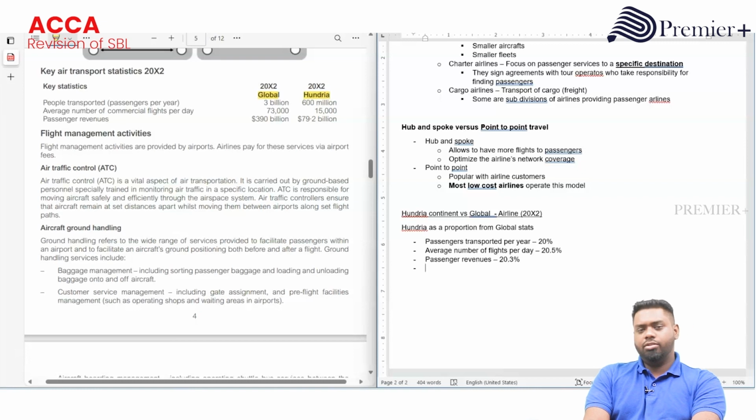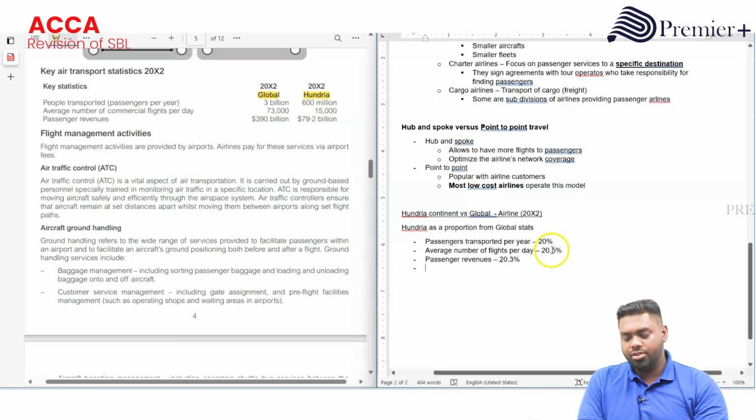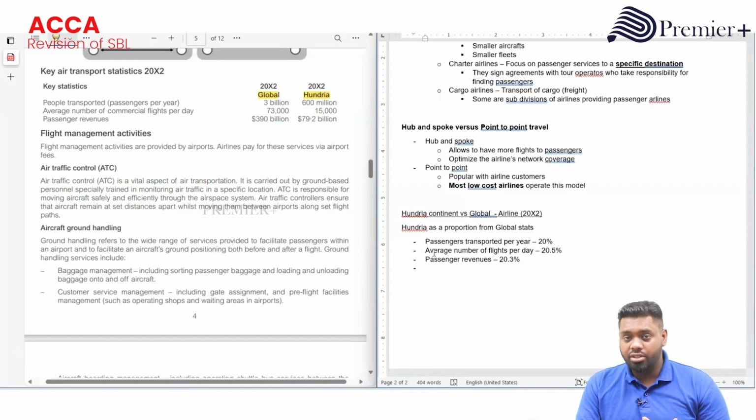Might be helpful, especially when it comes to number of passengers and passenger revenues. That provides an indication of the frequency of travel within the Hungarian continent in comparison to the rest of the world.